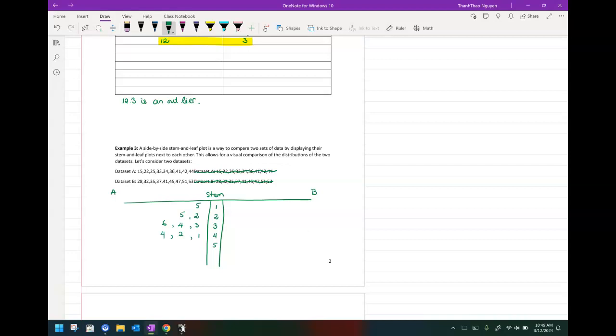In stem B, we don't have anything on 1, but we have 8 on 28, 32, 35, 37, 41, 45, 47, 51, 53. So you can see the distribution of each of those data sets.